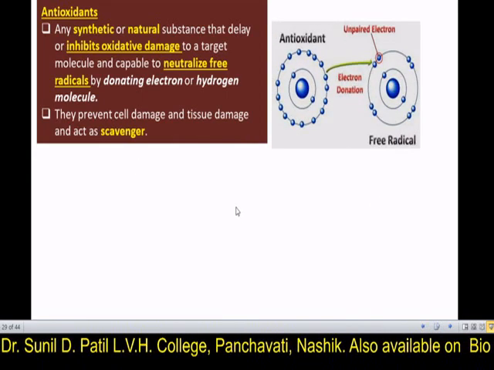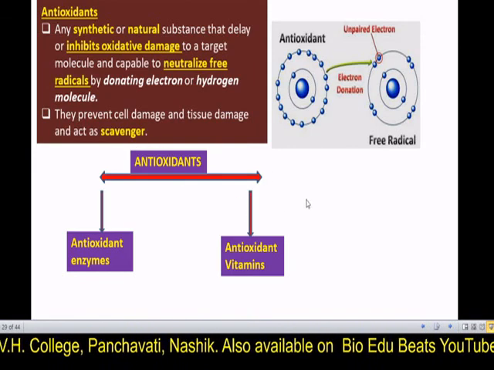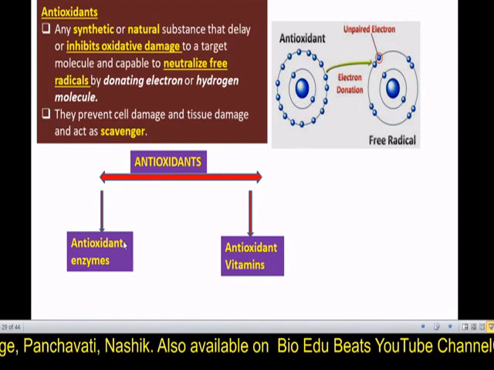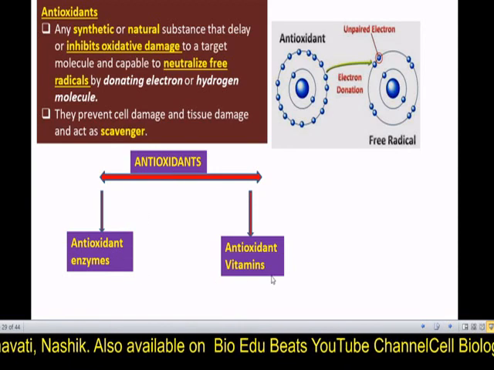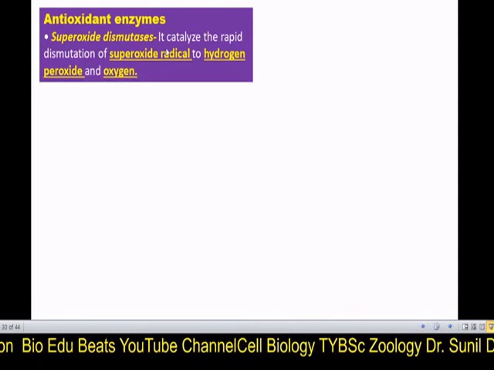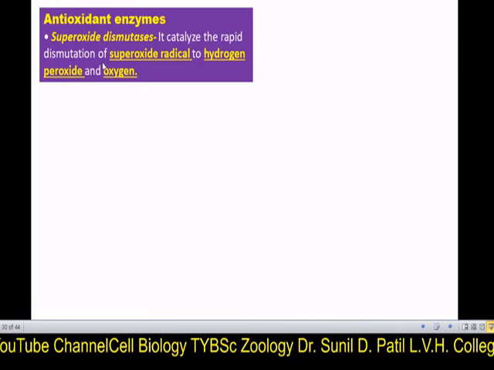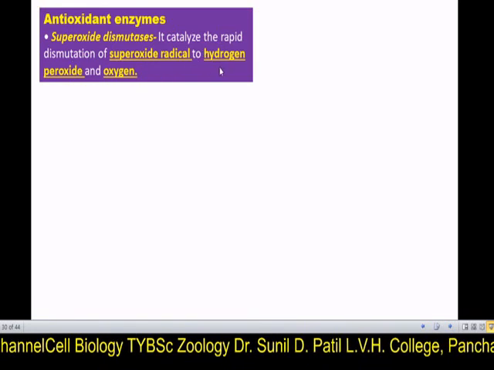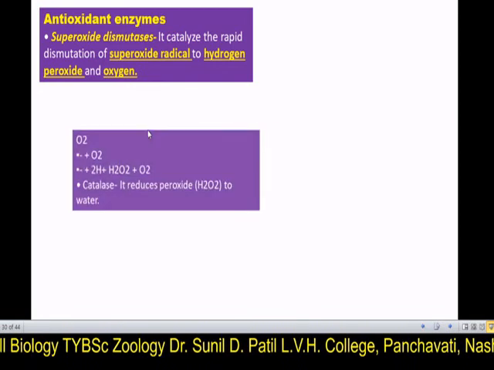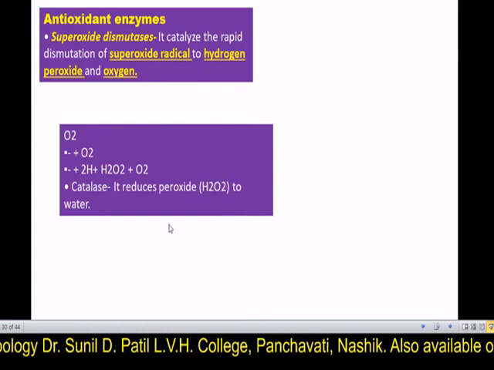When an antioxidant donates an electron to an unpaired electron, it becomes saturated. Antioxidants include antioxidant enzymes and antioxidant vitamins. The antioxidant enzyme superoxide dismutase catalyzes the rapid dismutation of superoxide radical to hydrogen peroxide and oxygen. So in this way hydrogen peroxide and oxygen are formed.